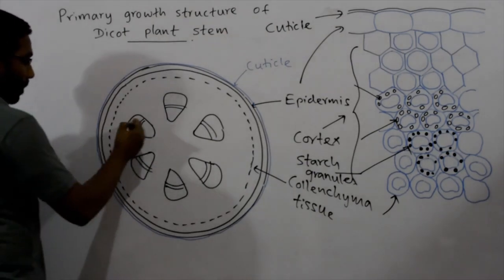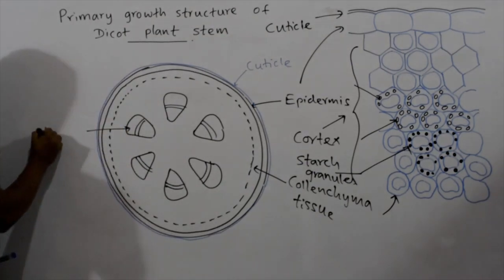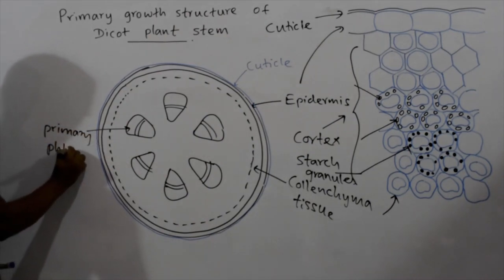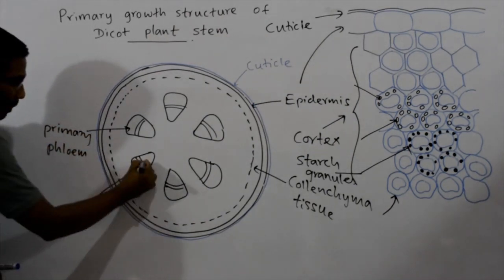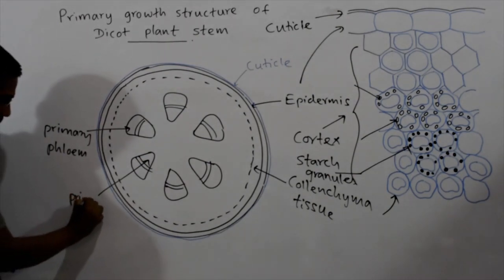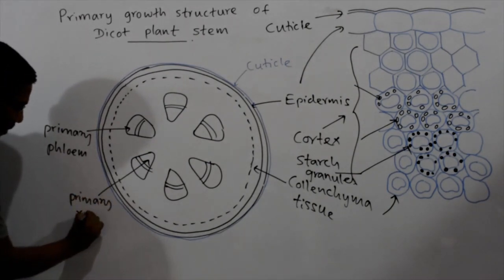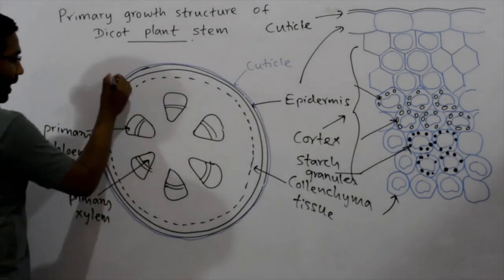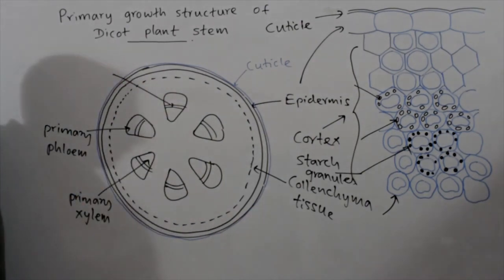So here I will label: outer, it has primary phloem; inner, it has primary xylem.